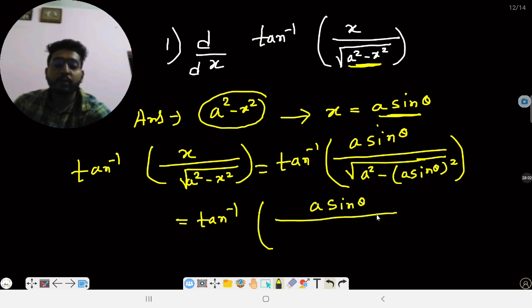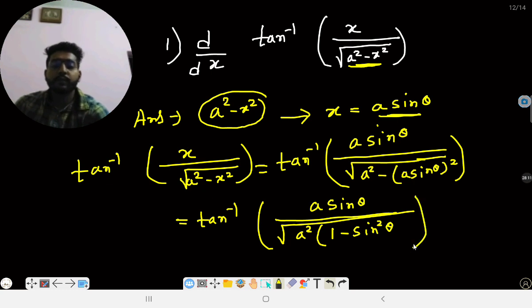Now from here we can take a square out, and it will be 1 minus sine square theta. We are just simplifying that one. Now we know 1 minus sine square theta is cos square theta.